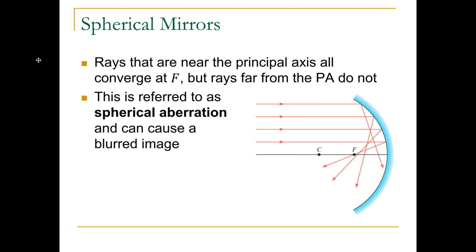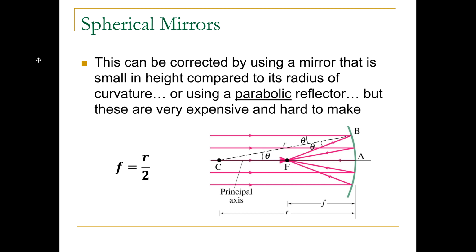Now, one thing with spherical mirrors: if those rays that are coming in parallel to the principal axis are too far away from that principal axis, they don't actually reflect through the focal point. This is called spherical aberration, and it can produce a blurry image. If you wanted all of the parallel rays to come in and actually pass through the focal point, you'd have to use a parabolic reflector, but it's a lot more expensive and difficult to make a parabolic surface than it is to make a spherical surface.